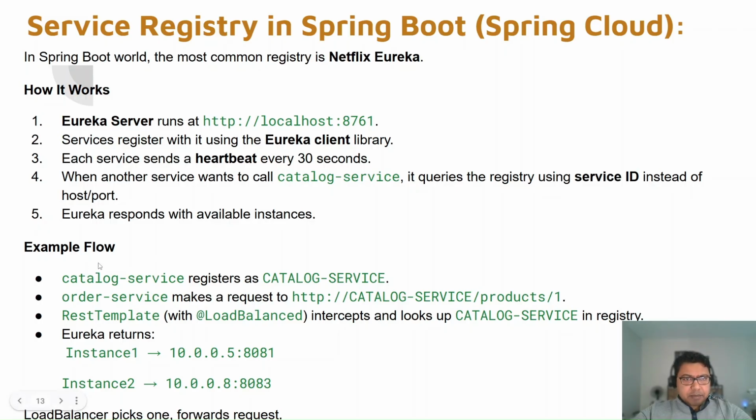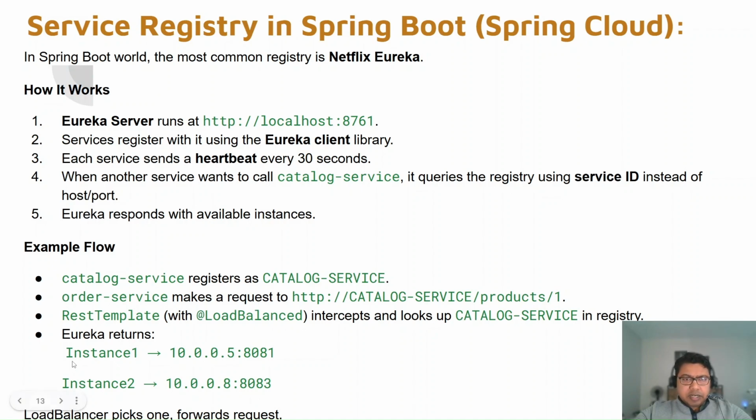So this is the example flow. Catalog service registers as catalog service with Eureka. Order service makes a request, so the order service makes this call and it comes to Eureka. Eureka checks where this catalog service is registered.